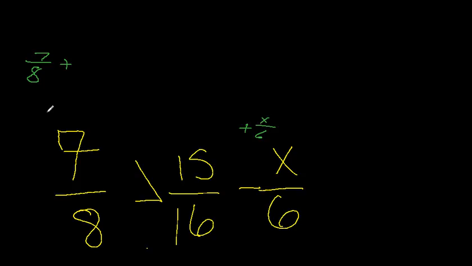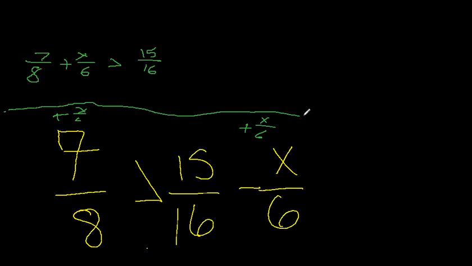Yeah, so I'm going to add x over 6 on both sides. So now I have 7/8 plus x over 6 is still greater than 15 over 16. Now I'm going to give us some space here, dividing the line. The next question is, how can I write it still to get x by itself? I know that x is going to be positive now, but how do I get it by itself?